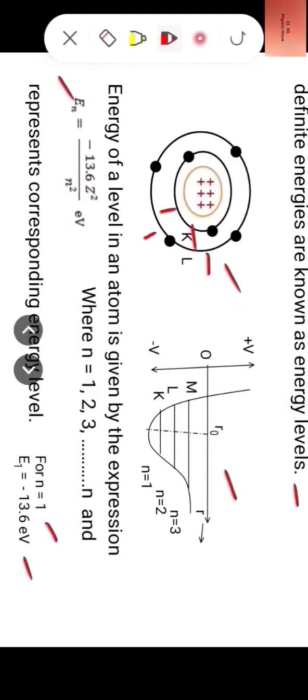For N equal to 1 it is K level, for N equal to 2 it is L level, for N equal to 3 it is M level. Okay, so these are energy levels: K energy level, L energy level, M energy level, corresponding to a particular orbit, N equal to 1, N equal to 2, N equal to 3 respectively. This is how we have the understanding of energy levels.